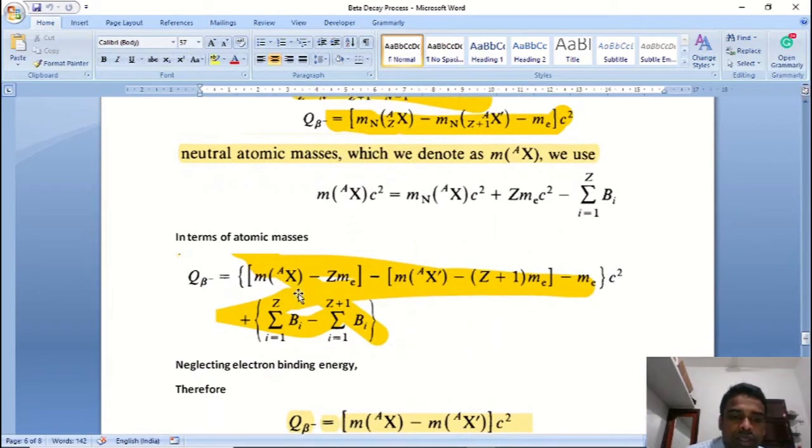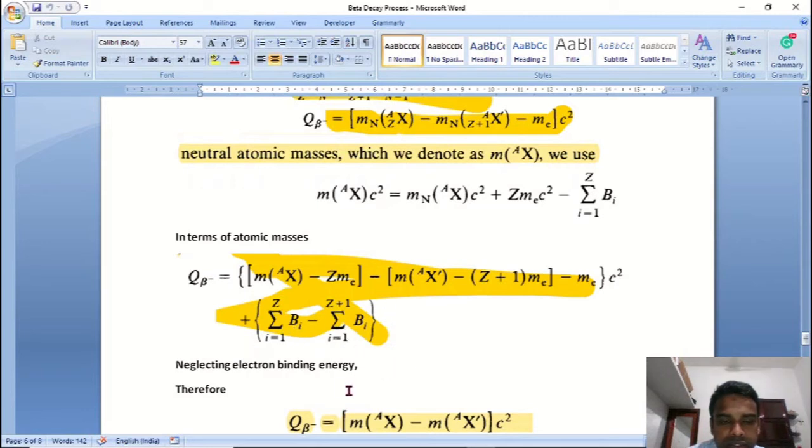So Q beta minus equals this, in the case of atomic masses, the mass of the parent atom minus ZME, the mass of the electron. If we subtract it, we will get the binding energy. Here in this equation we are neglecting the binding energy of the electron. So this cancels and this cancels.